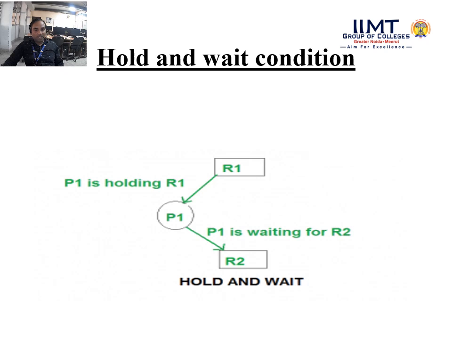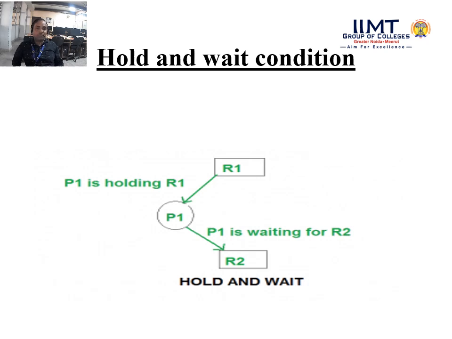You can simply understand P1 is holding R1 and waiting for R2. Hold and wait. One resource is held by P1 and for the other resource it is waiting for its execution. If it gets R2, then it will execute.